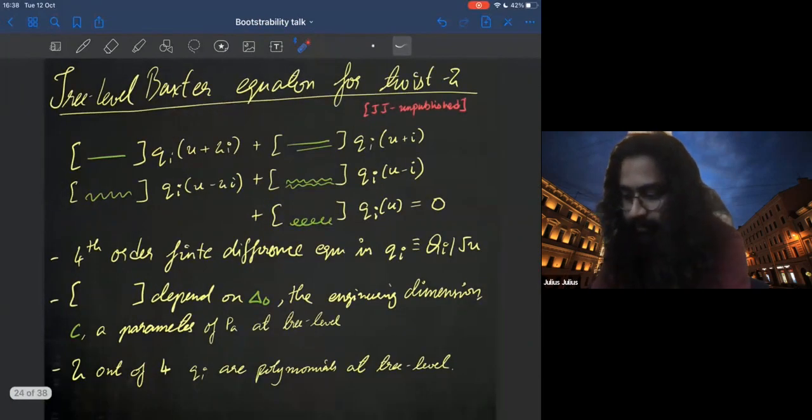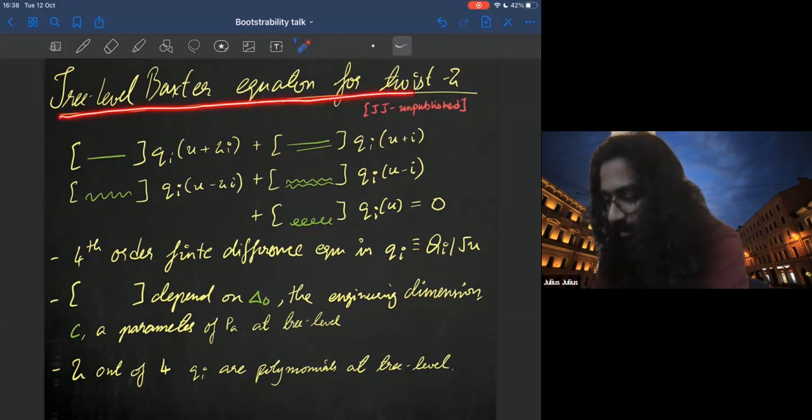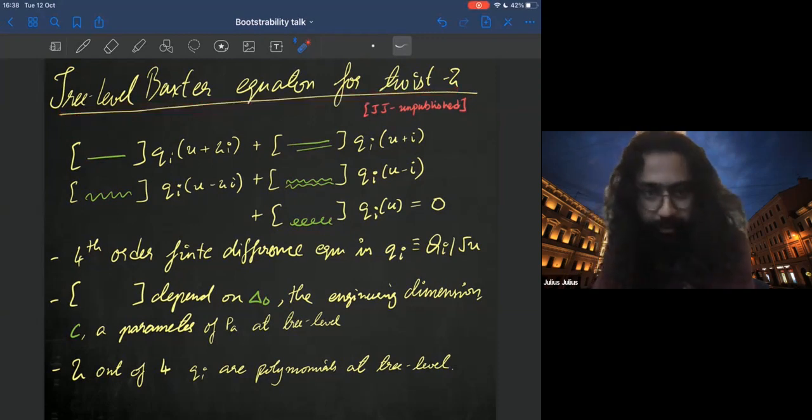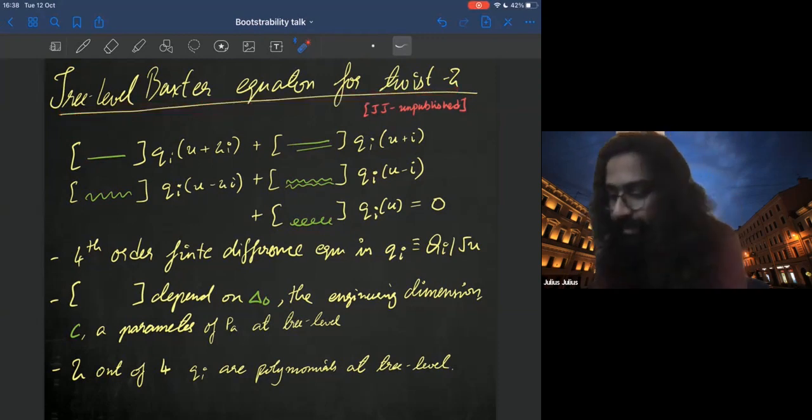And then what I want to show you is that we can, for example, derive a tree-level Baxter equation for the twist 2 operators. This Baxter equation has some coefficient multiplied by Qi at u plus 2i, Qi at u plus i, Qi at u minus 2i, Qi at u minus i, and Qi at u.